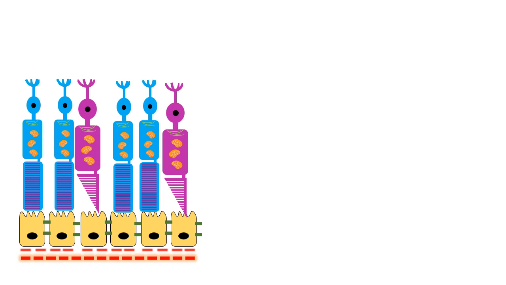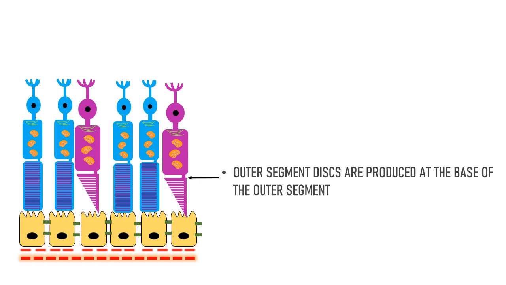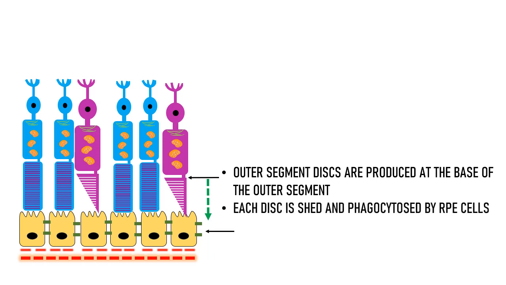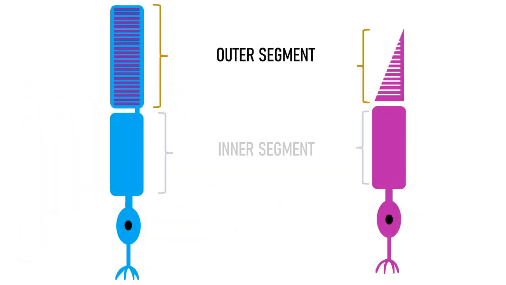These outer segment discs are produced at the base of the outer segment. This is the base here, and as new discs are formed, they move towards the tip of the outer segment. Each disc is then shed and phagocytosed by the RPE cells. Next to the outer segment is the inner segment. The inner segment of a photoreceptor is divided into 2 parts.